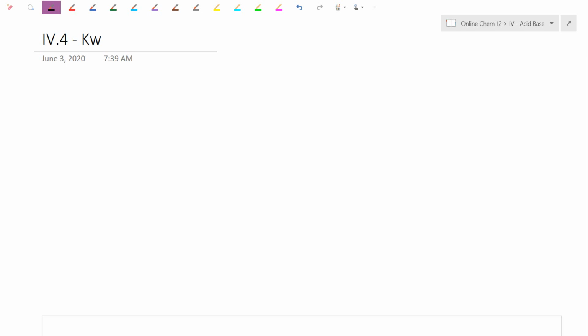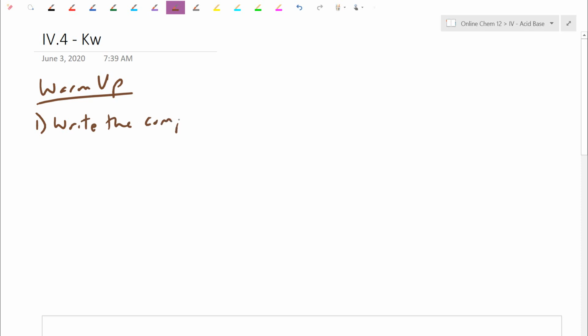Although in that weak acid or weak base section, there will be some that are still relatively better than others. So I'm just going to give you a quick practice question here. We'll have another look at that table. Just for warm up, first one just for practice, I want you to write the complex equation. So write the full equation.